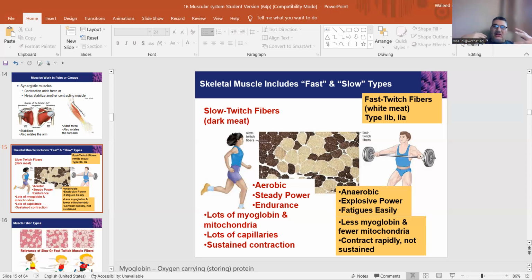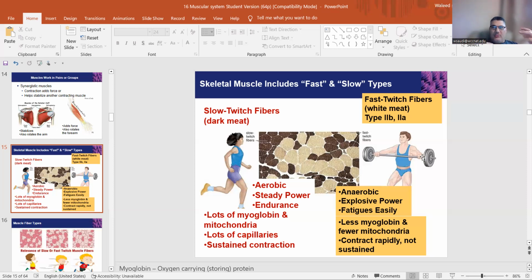And if you're not getting enough oxygen, you will do anaerobic metabolism. I hope you guys still remember that. Remember when I told you the glucose gets into the cells and then you do glycolysis, which is anaerobic. And then if you have enough oxygen, you go to the mitochondria and you do the tricarboxylic acid cycle and electron transport chain.